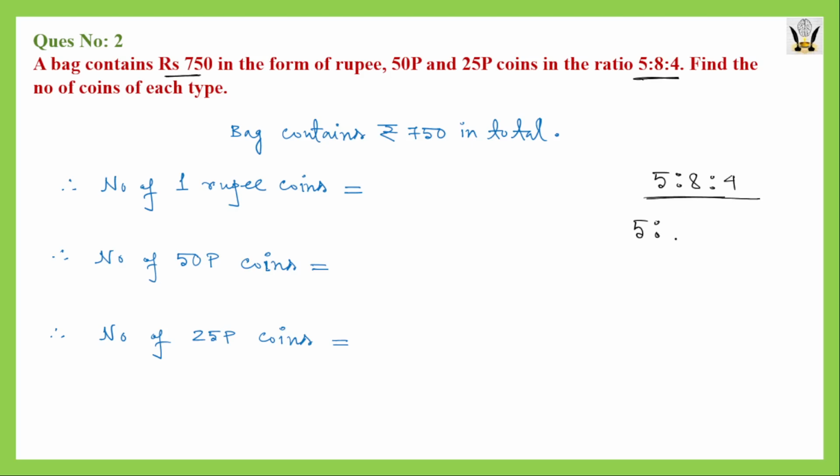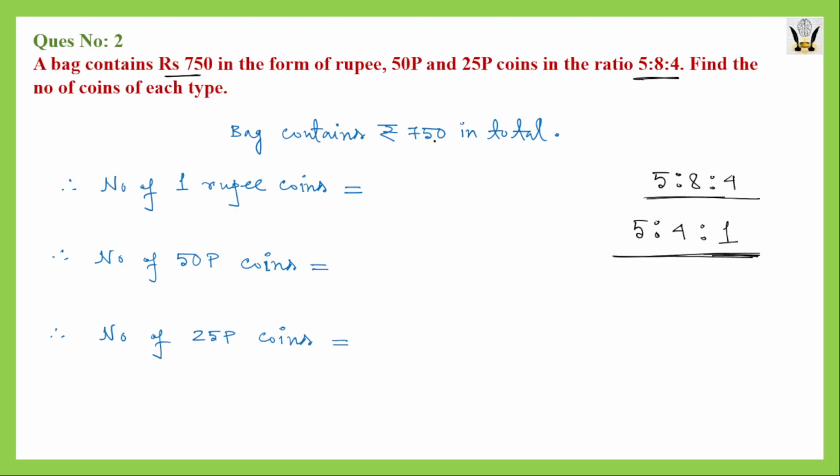So it will be 8 by 2, which is 4. And a 25 paise coin in terms of rupees is 1/4 rupee, right? So it will be 4 divided by 4, which is 1. So in terms of valuation in rupees, the ratio will be 5:4:1, and 5:8:4 is in terms of their number.